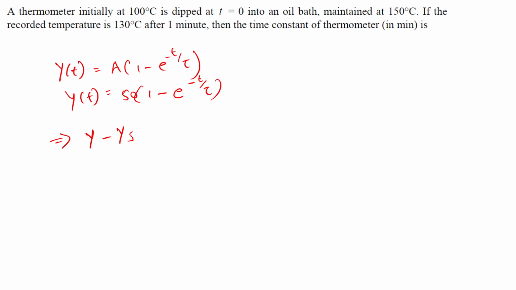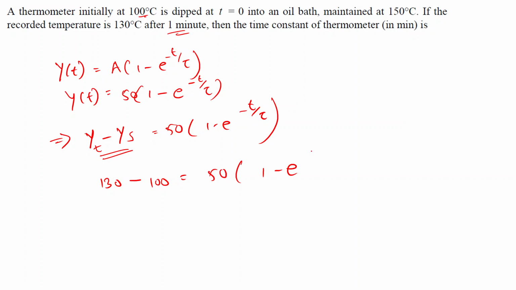So these are small y's, basically the deviation variables. Now at t equal to 1 minute, we have the temperature 130 degrees Celsius, and the initial steady state of that system was 100 degrees Celsius, so 130 minus 100 is equal to 50 into 1 minus e raised to minus 1 minute upon tau.